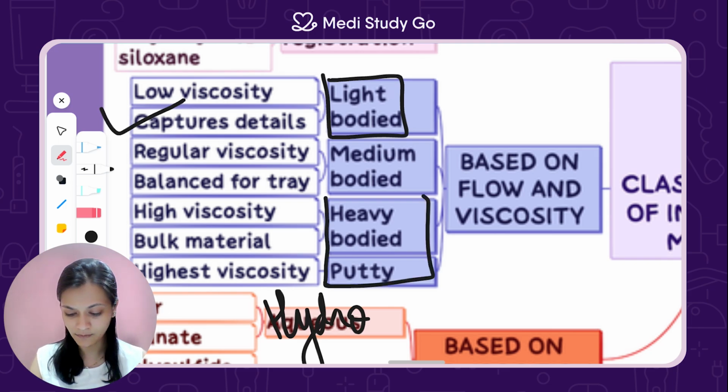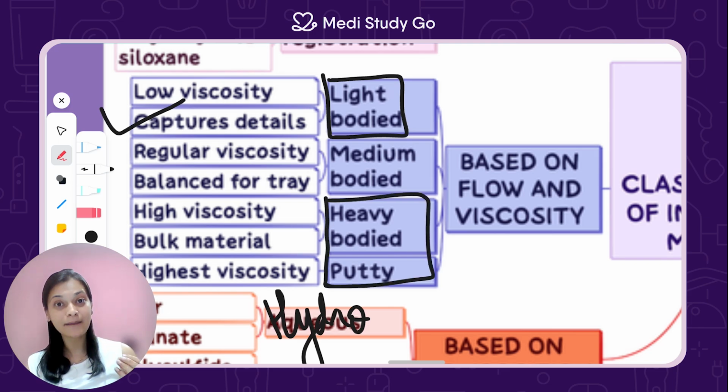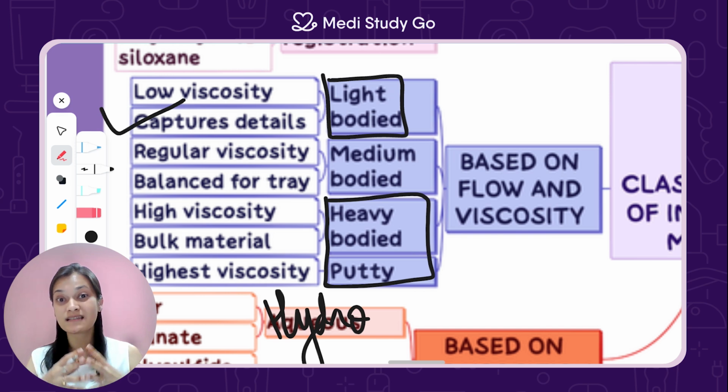On the other hand, when I talk about heavy body and putty, so the viscosity increases. They become so rigid that they cannot mold. Still, they have their elastic property, but they are rigid in comparison to your light body. So these components will actually act like the support. Now, if I just have to flow my light body is so thin and flowy in nature that it'll just run through.